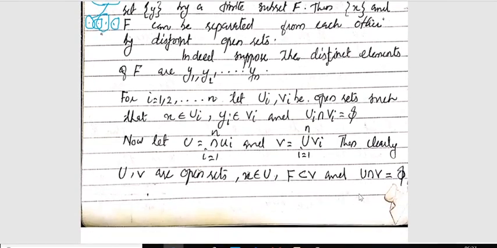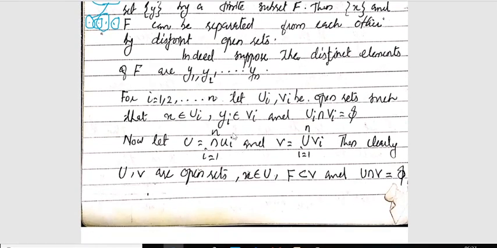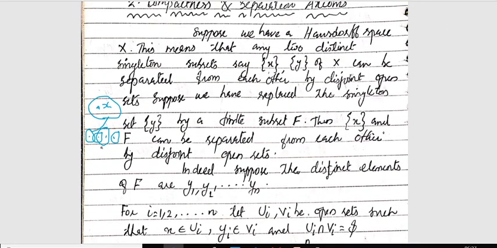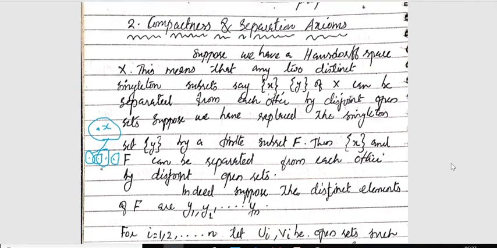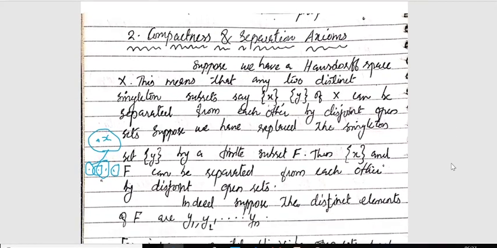Now if you take U as the intersection of such Ui's, since x belongs to each Ui, when you take the intersection, it evidently belongs to U.